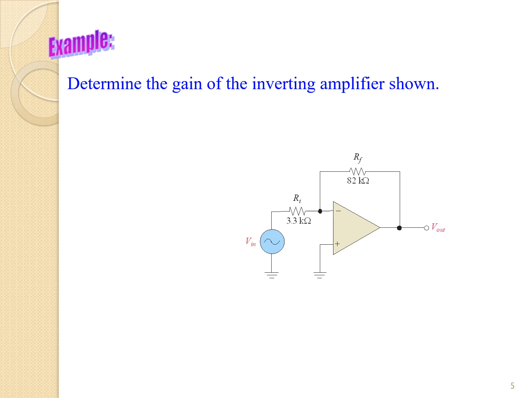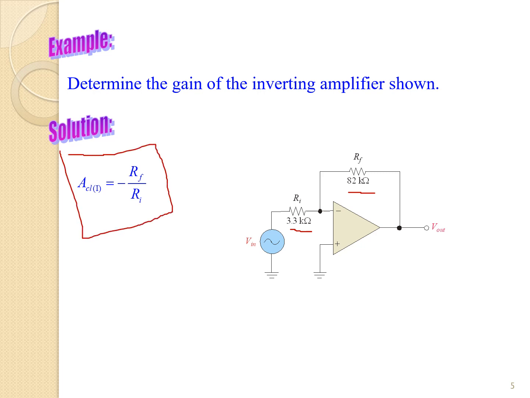Okay, now determine the gain of the inverting amplifier shown, given Ri equal to 3.3K and Rf equal to 82K. So now we know the formula for ACL inverting is equal to negative Rf over Ri.